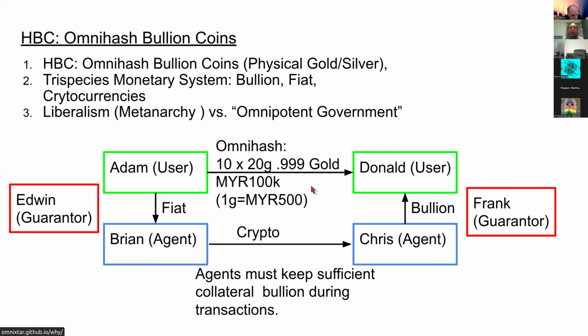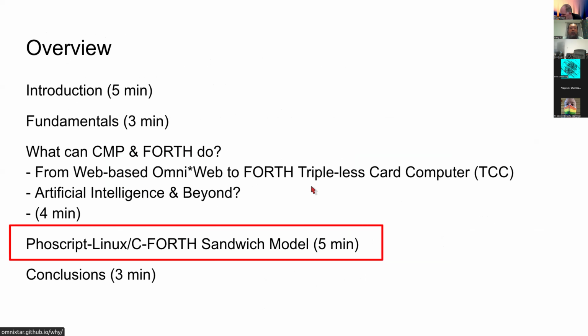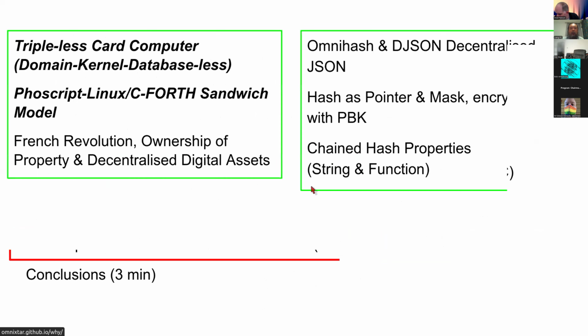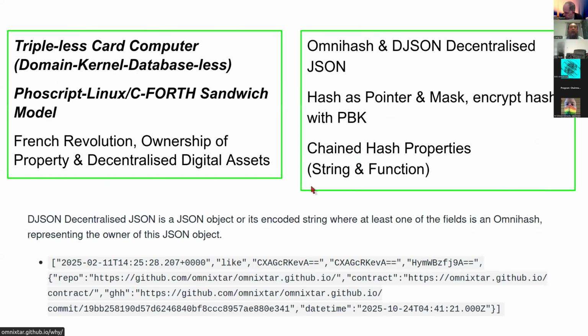Now, why I'm trying to show you this is because we want to come to this part, that is to implement this card computer. Obviously, the whole idea here is that even the blockchain or Bitcoin people have their cold wallet, but their cold wallet is restricted to only Bitcoin operations.